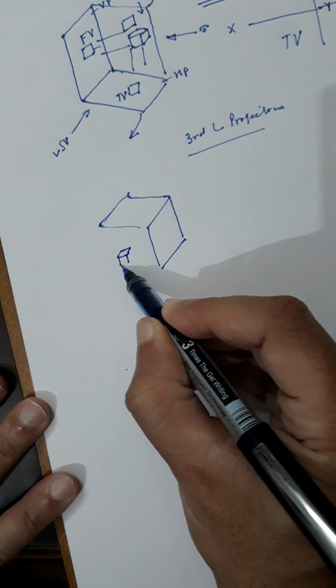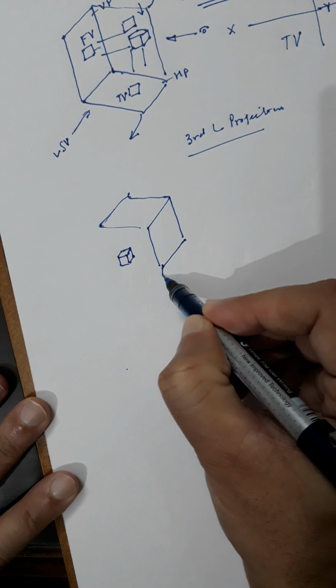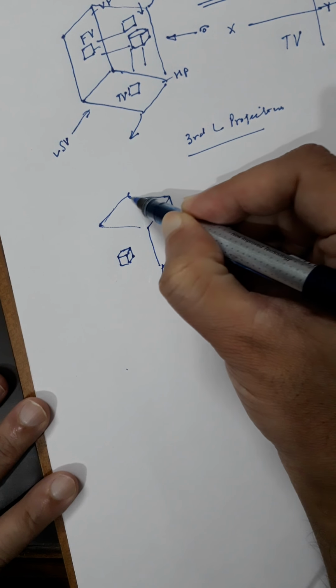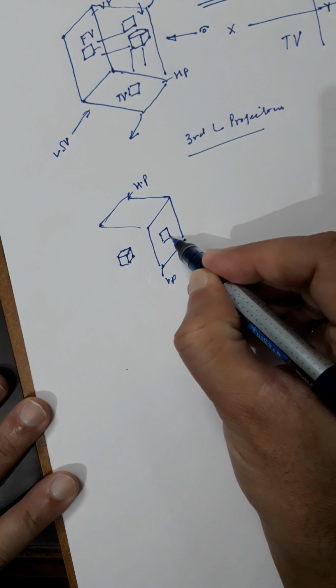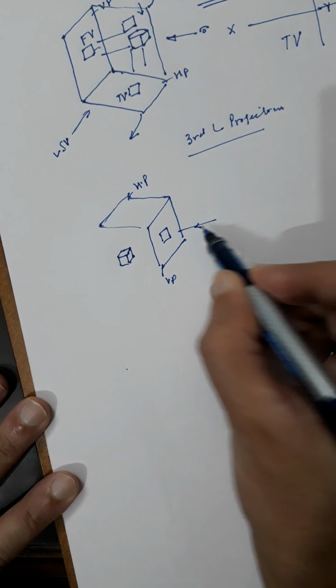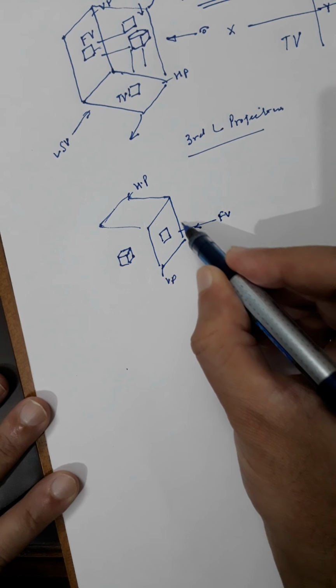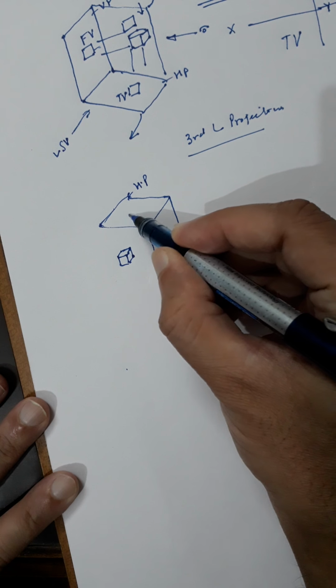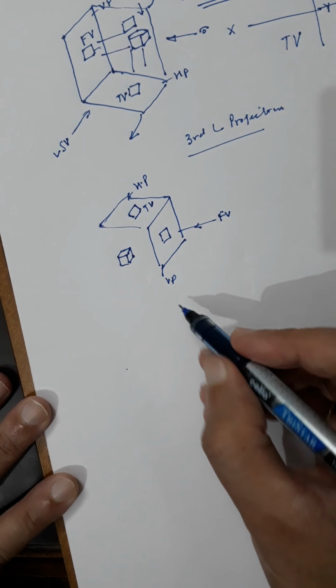Now again it will be viewed here. This is the front view on VP, and the top view is on HP. So this is the top view, and this is the front view.